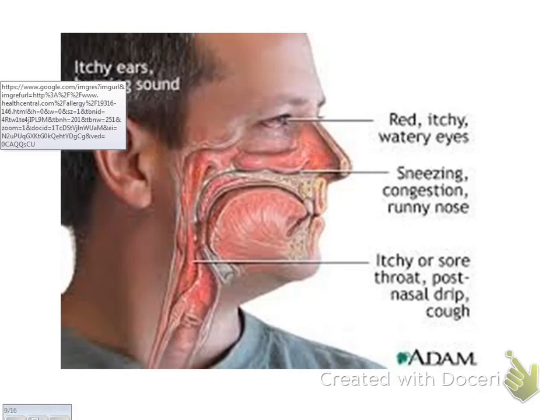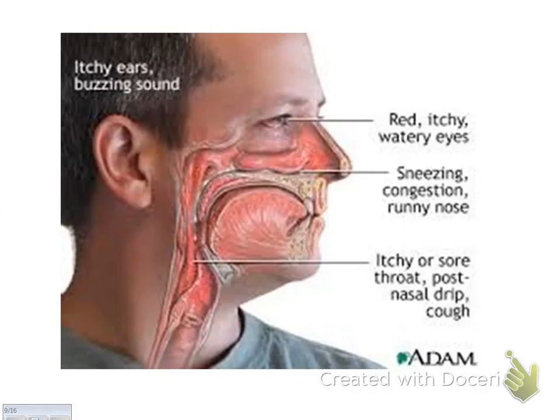Allergies is where something like a piece of pollen gets into your body, and your white blood cells identify that as a pathogen. Well, it's just a piece of pollen. It's not a pathogen. But your white blood cells attack it, and right in your nasal cavities, you have mast cells, which release histamine. What is histamine? Inflammation, right? Y'all remember seeing that in part 1? Histamine is inflammation, swelling.